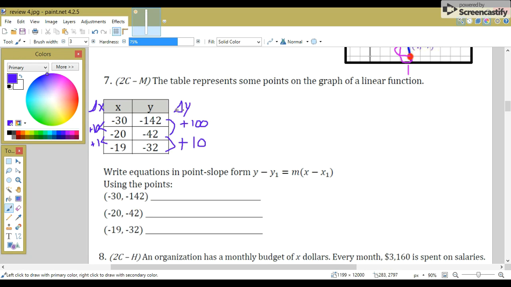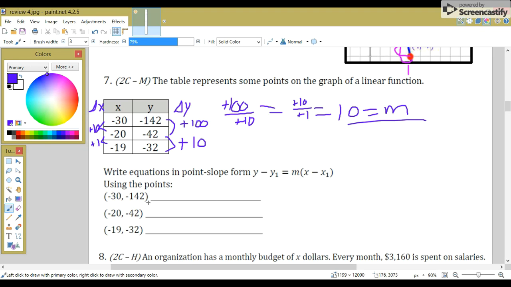So the change in y over the change in x is going to be positive 100 over positive 10. That equals positive 10 over positive 1. So notice, if we use this change in y over this change in x, you get the same thing as if you put in this change in y over this change in x. So your slope is just 10. That's your rate of change.